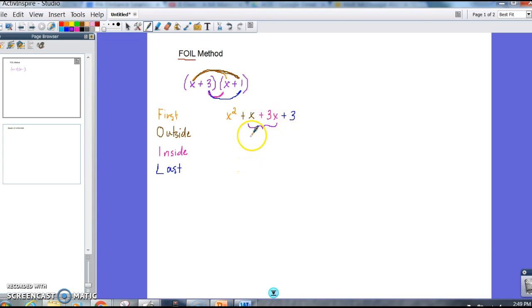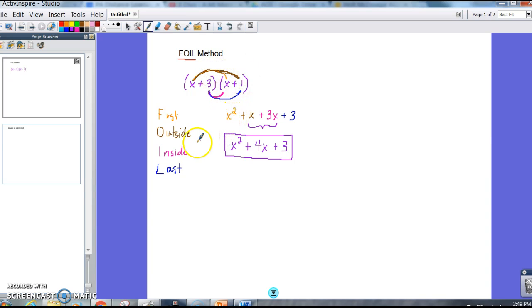So I have 1x, I add 3 x's to it, and that will give me 4x. So my final answer then is x squared plus 4x plus 3.